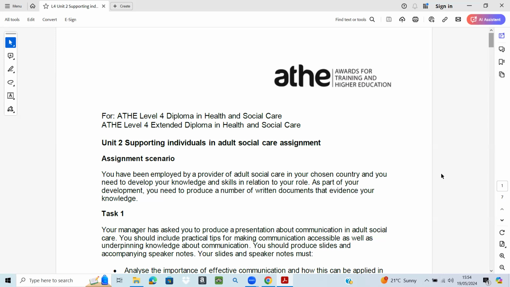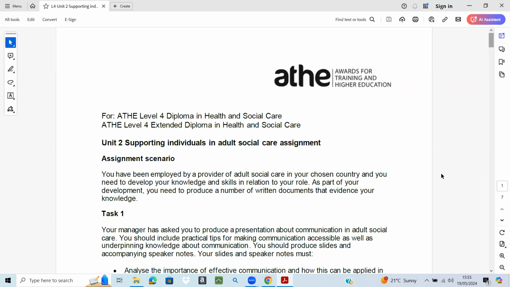Evaluating emergency preparedness plans involves assessing the protocols and procedures in place to respond effectively to emergencies and critical incidents within adult social care settings. This includes reviewing plans for evacuation procedures, first aid responses, emergency medical care access, and communication strategies during emergencies. We discussed a few of these bits as well.